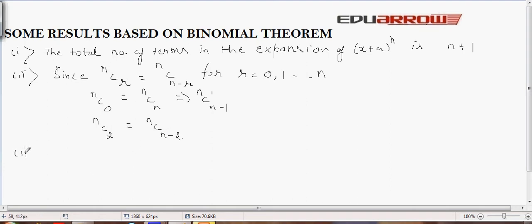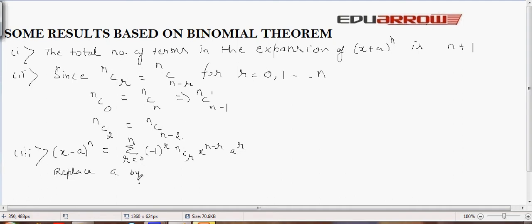Now let us discuss third result. Third result is expansion of x minus a raised to n will be equal to summation of r is equal to 0 to n minus 1 to the power r nCr into x to the power n minus r into a to the power r.